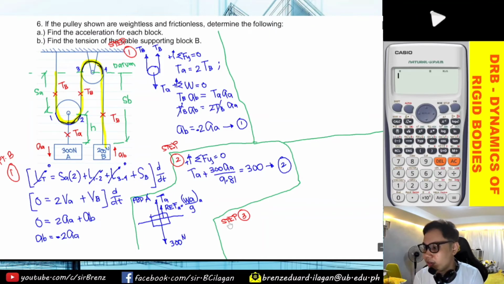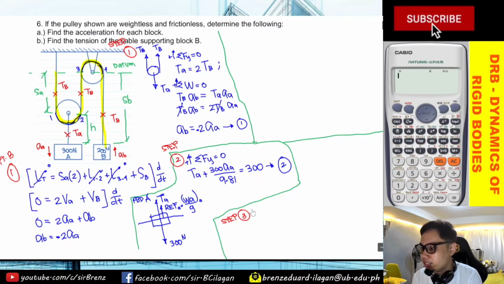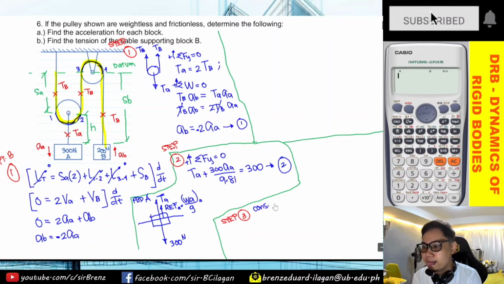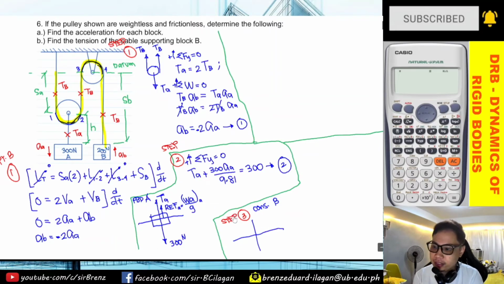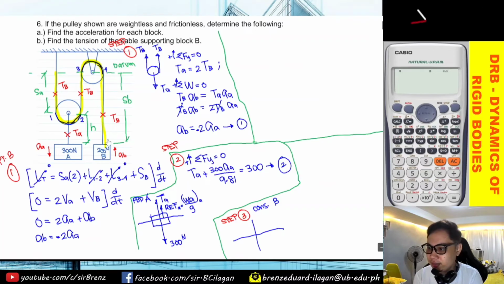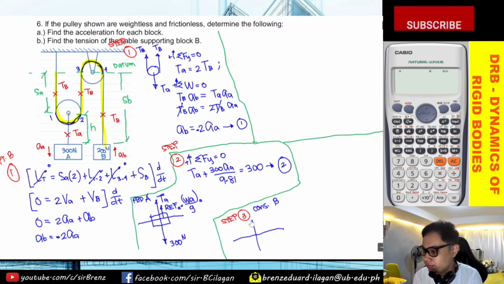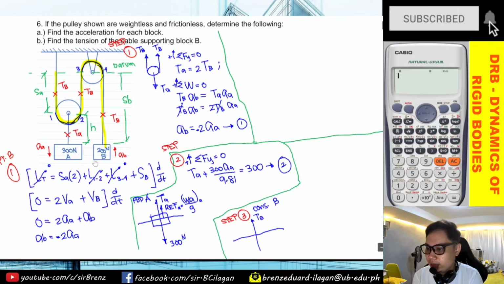Alright, so gawa ulit tayo ng free body diagram. This time, considering block B. Again, gawa ka na lang ng X and Y axis. Hindi ko na lang draw yung box, ha. Una, meron kang tension B, denote na lang natin as T sub B. And then, yung acceleration for block B is pataas.